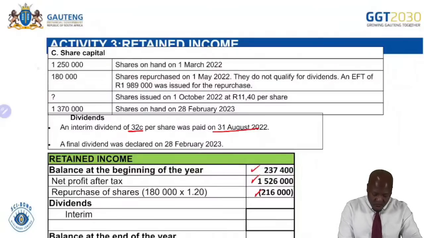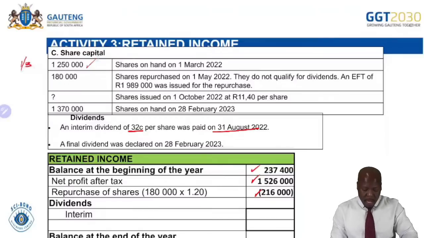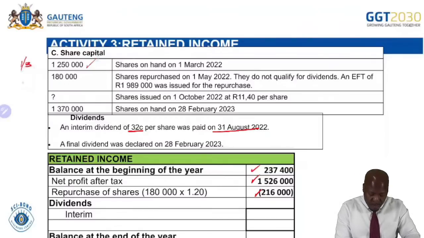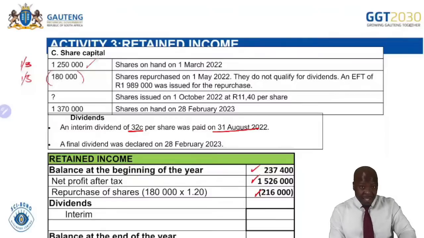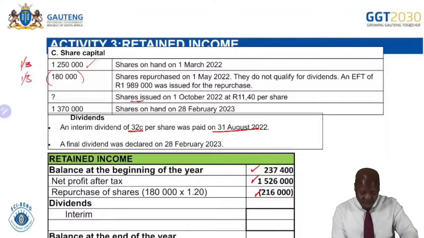On the 1st of March, I had 1,250,000. And then on the 1st of May, I repurchased 180,000. Before these shares were repurchased, an interim dividend was paid.